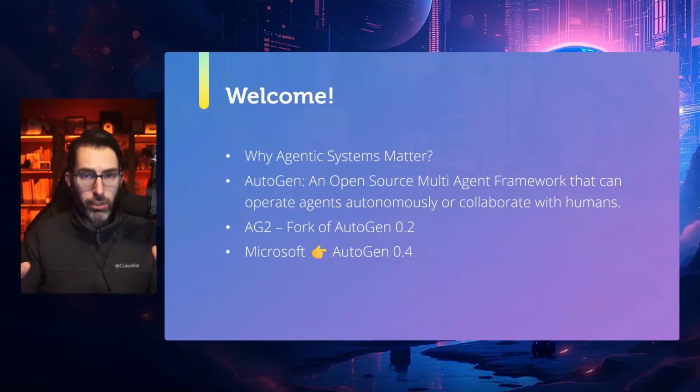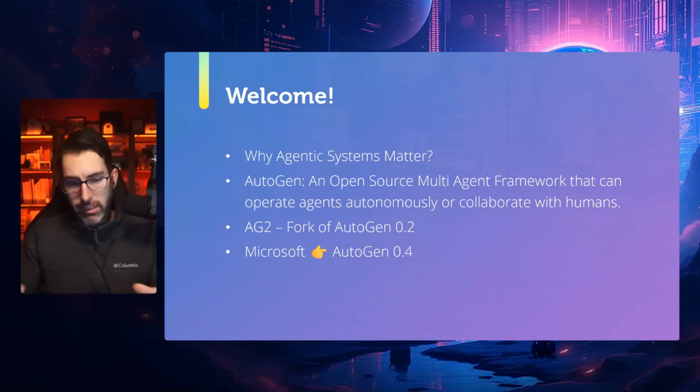Everything that we're talking about today is open source, by the way. Both of the AutoGens are open source. It started at Microsoft. There is a fork outside called AG2 that forked out from version 0.2, and then Microsoft keeps building AutoGen into 0.4.